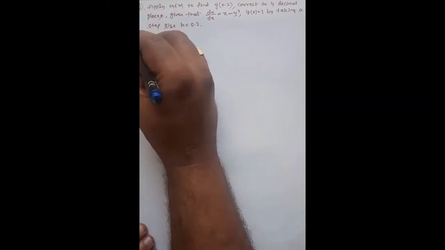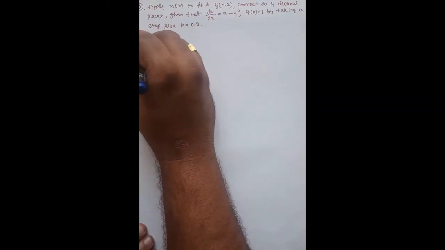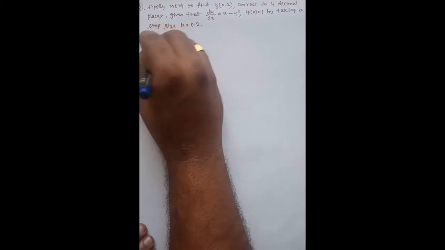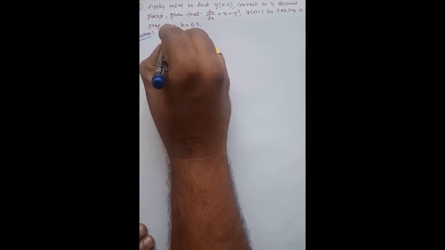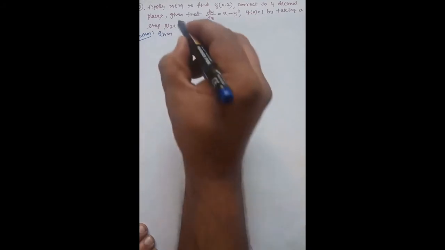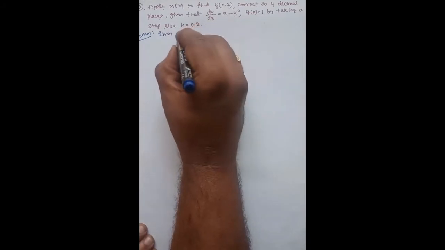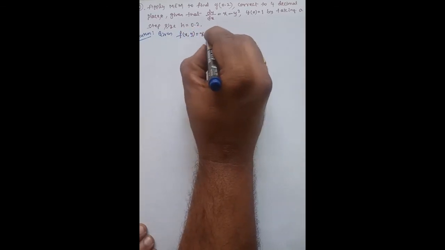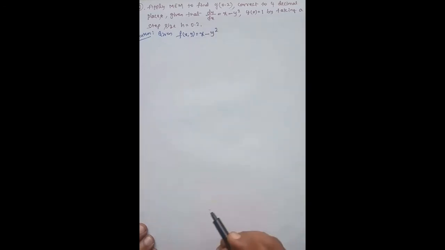So as usual, like the last problem, we solve this solution. I'll write the given data first. Given, so what is given here? Dy by dx, and you know dy by dx is f of x comma y. So f of x comma y is x minus y square.